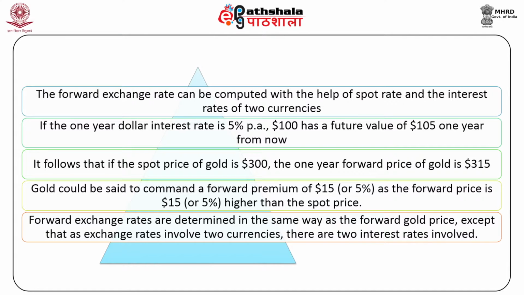It follows that if the spot price of gold is $300, the 1 year forward price of gold is $315. Gold could be said to command a forward premium of $15 or 5%, as the forward price is $15 or 5% higher than the spot price.